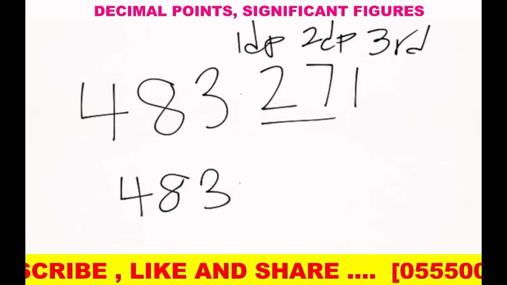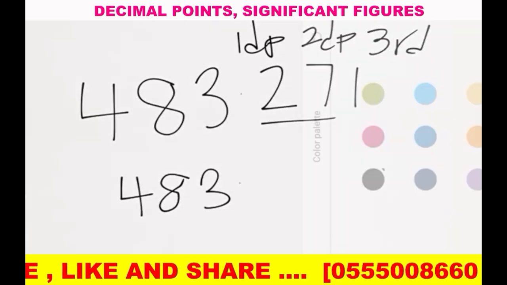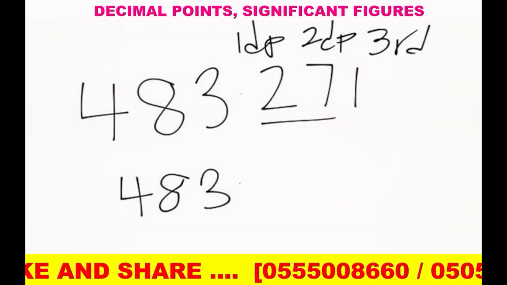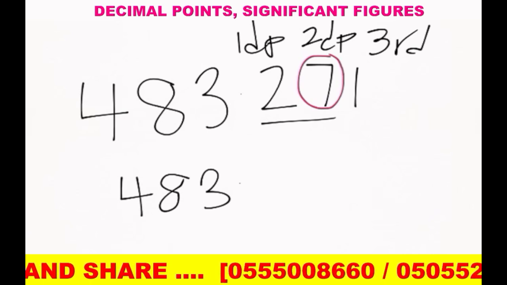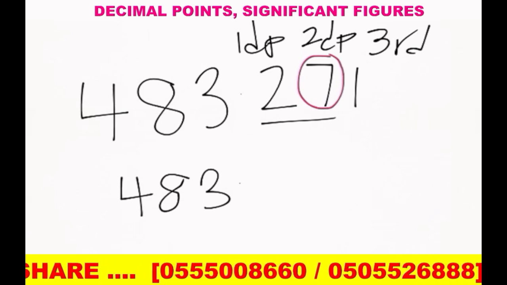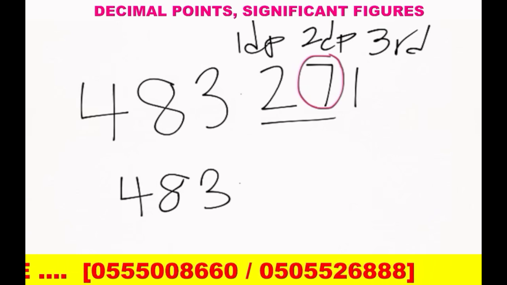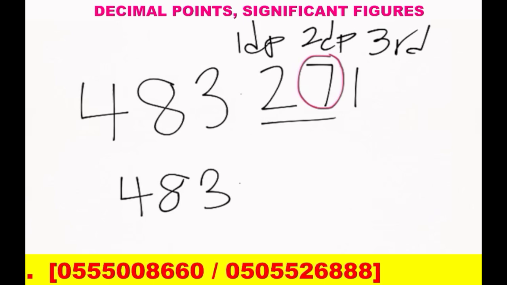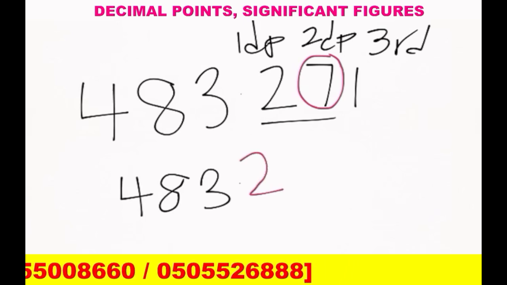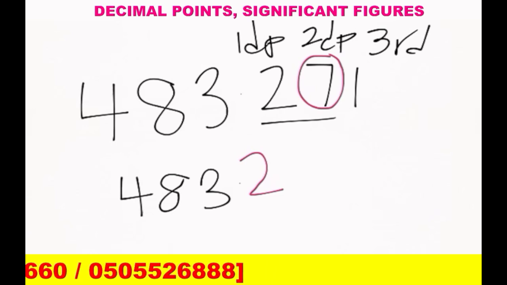The 7 is at the second decimal position, so we will focus on that. Our 2 is there already. Our focus will be on the second one now, because we are converting to 2 decimal places.